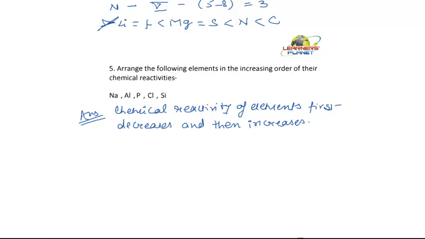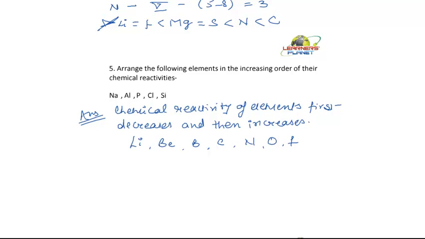Right? So if I am writing the elements of the second period, what are the elements of the second period? This is lithium, beryllium, boron, carbon, nitrogen, oxygen, fluorine, right? So what will happen?